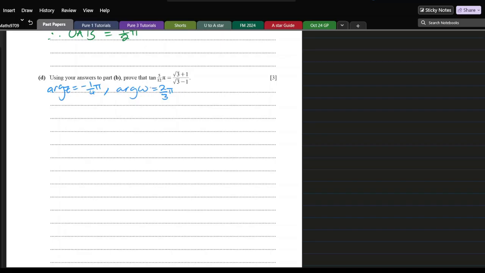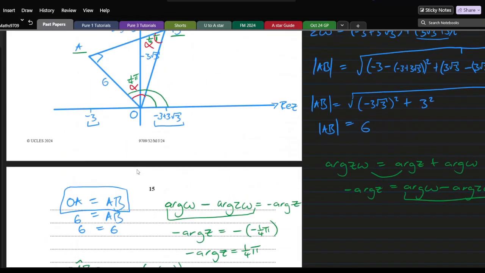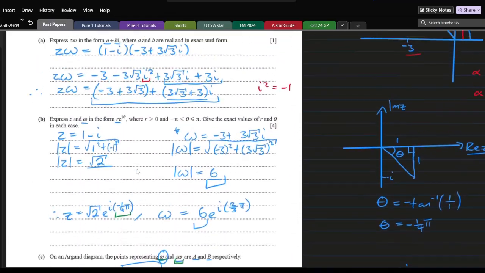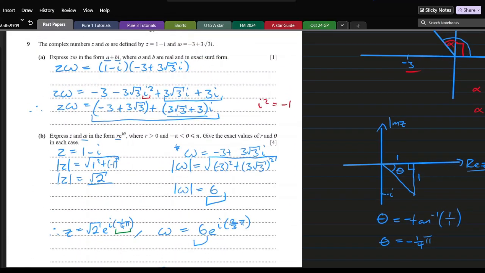Now what's going on here with what they want us to prove? Root 3 plus 1 over root 3 minus 1. This looks like it's coming from z omega, because if you factor out a 3 in z omega here, you end up with root 3 plus 1. If you factor out a 3 here, you end up with root 3 minus 1. So this must have something to do with z omega.